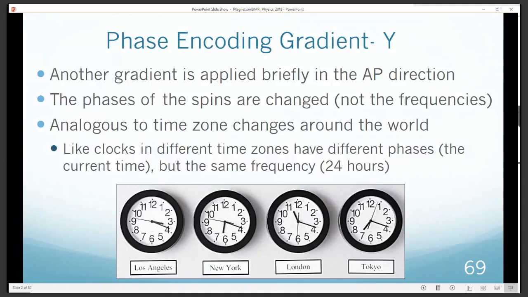But when the gradients turn off, they go back to their original resonant frequencies, and now all they're left with is phase changes. This is analogous to time zone changes you see in clocks that come from different places around the world. Like clocks, different zones have different phases, but they're still at the same frequency, 1 day per 24 hours.